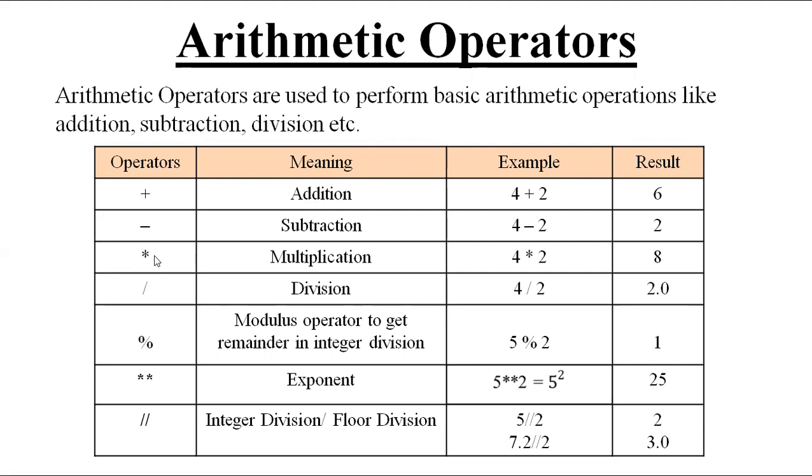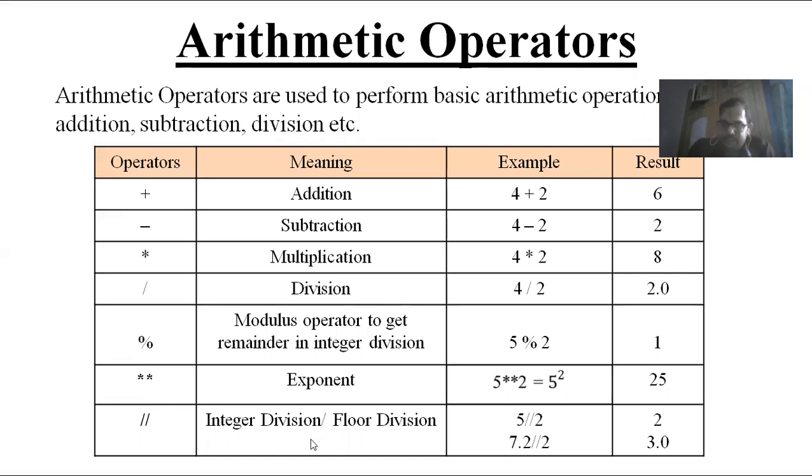This is called the asterisk sign, which is for multiplication. Then the divide sign, which is called division. Then modulus, which is called the modulus operator. After that exponent, and this is called floor division, or you can say integer division. See the working of this.